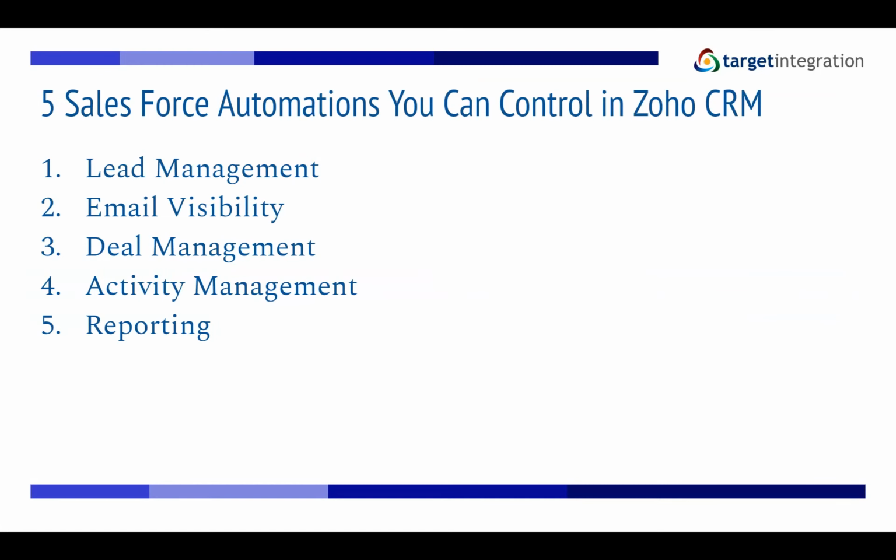Zoho CRM gives you a free trial to test out the software's features. Once the trial is over, you can sign up for a forever free plan or upgrade to premium plans based on the number of users you have. And these five sales automations you can view in Zoho CRM yourself and test it out before you go ahead and do the full thing.